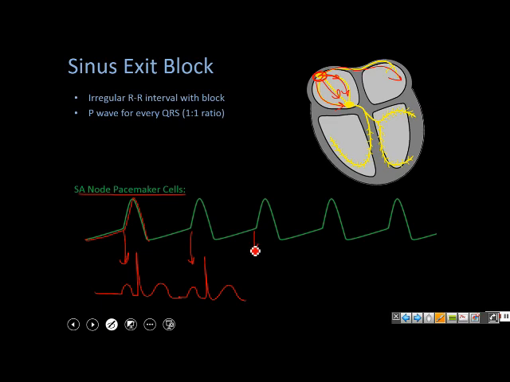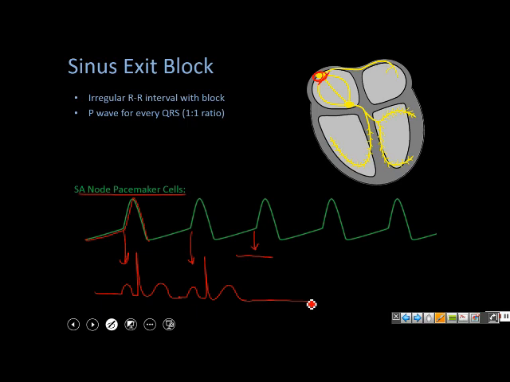Well, what's going to happen is when that electrical impulse occurs and it's blocked and it can't escape into the atria to cause that depolarization, so it gets blocked, what's going to happen? Well, it's not going to produce anything, right? Because it can't depolarize those tissues if it can't escape. So you get nothing.